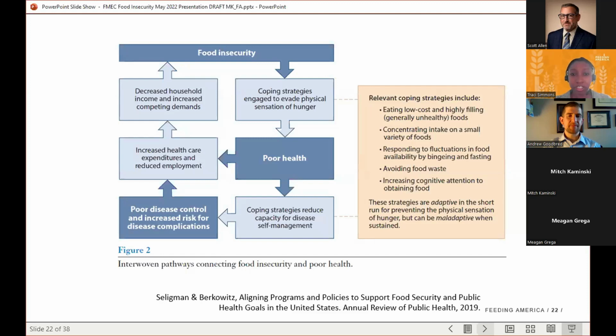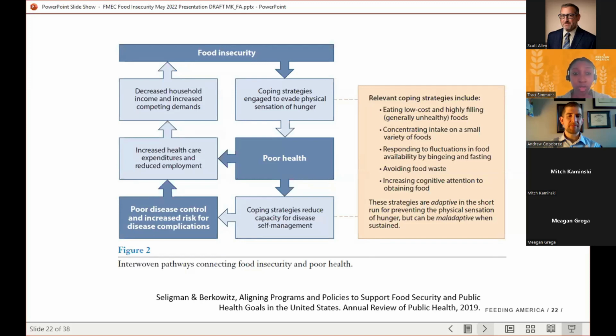This graphic here is really just to illustrate how individuals who struggle with food insecurity oftentimes have trade-offs that they are navigating. And so as they're going through these coping strategies and determining whether or not to forego medication in order to afford food, forego being able to pay utilities in order to access and afford food, these are strategies that really contribute to poor health outcomes.